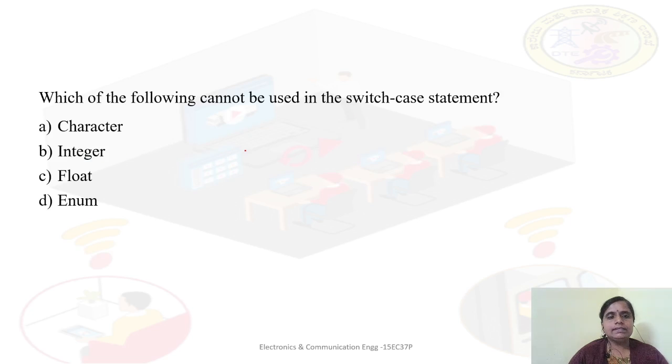Next, which of the following cannot be used in the switch case? Character? See, just now we have used the character itself. Then integer, float, and enumerator data type. Which cannot be used? See, it has to be a constant, I said. The float cannot be used in your switch statement.